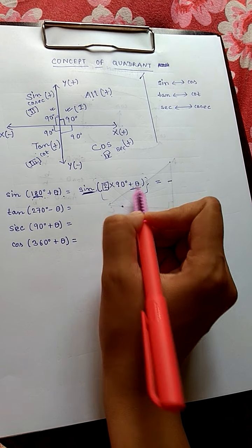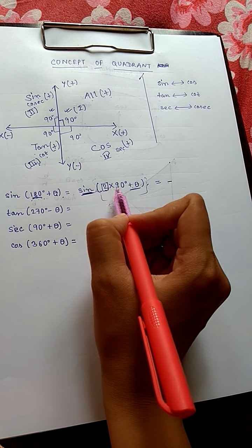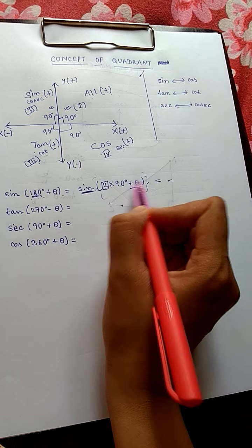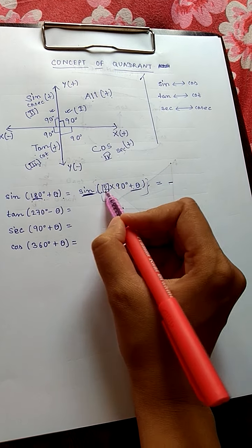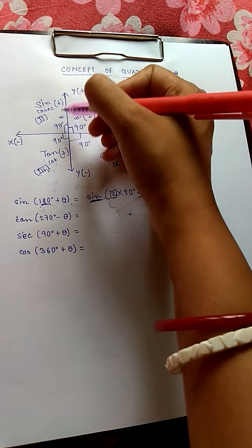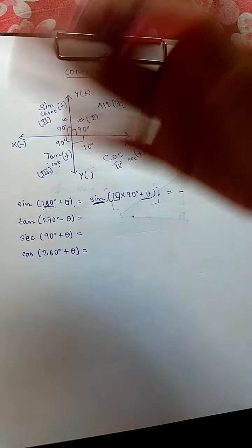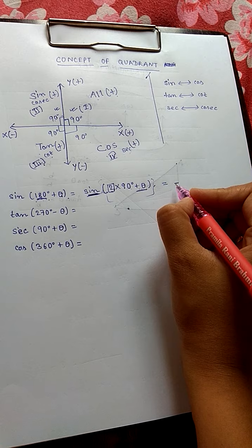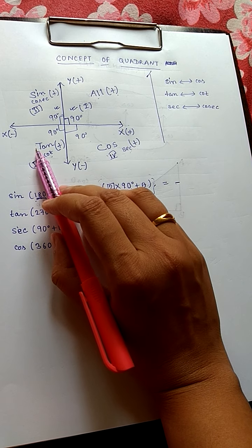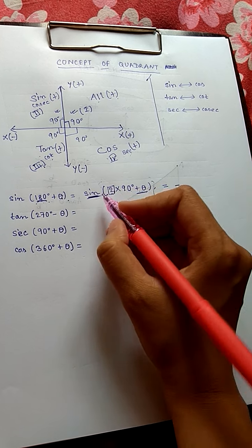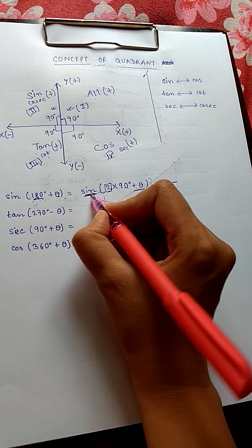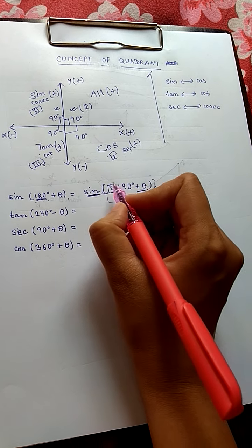Why is it the third quadrant? Because I have broken it like this: 2 into 90 means two quadrants of 90 degrees, plus theta means it will come to the third quadrant. So it is negative, as in the third quadrant sine is negative. Now what will be the ratio, sine or cos or whatever?